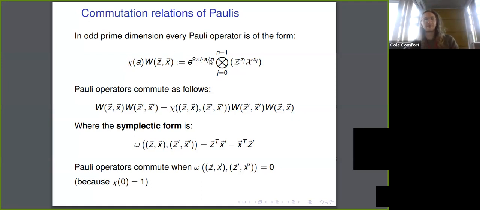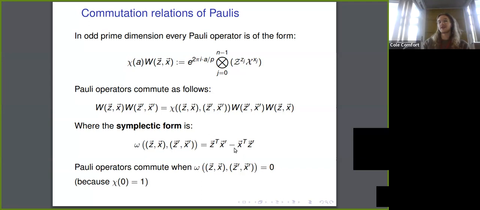But what's really nice about all of the odd prime dimensions is that if you have two Pauli operators, which I've labeled by vec z and vec x and vec z prime and vec x prime, and you push them past each other and commute them, then this phase pops out here, and the phase is determined by, there should be an omega in there, the symplectic form, which takes the z and x inner product and subtracts the other z and x inner product.